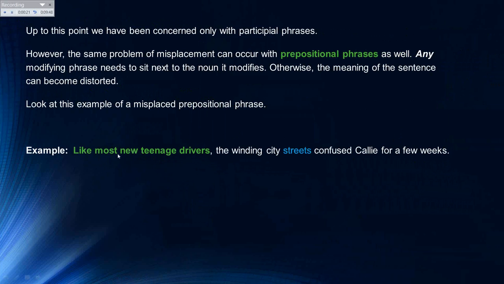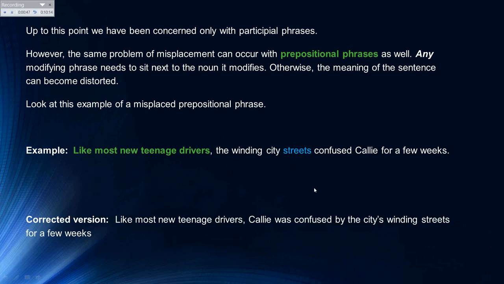Well, here's your prepositional phrase introducing the sentence, and it will modify the noun it sits next to, which is city streets. And teenage drivers are not going to be compared to streets. We probably need to compare them to Callie, but you have to rewrite the sentence. That is not going to work. And I want you to start looking for this, because this is precisely what they do on your test.